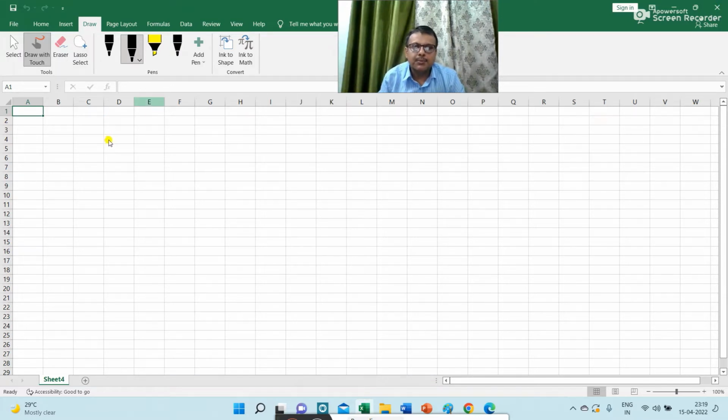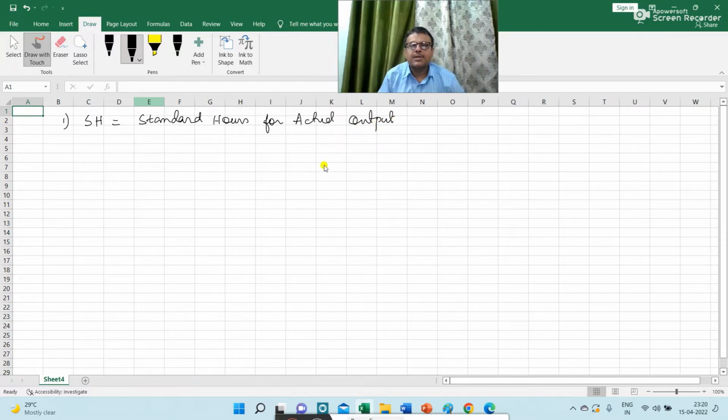Here we are supposed to first define the parameters. Since we are calculating the fixed overhead variances, the first parameter that I am going to write is standard hour. Here SH means the standard hours for actual output.